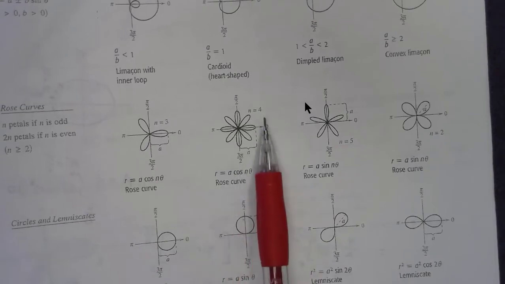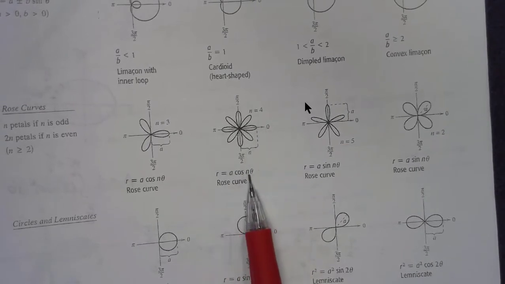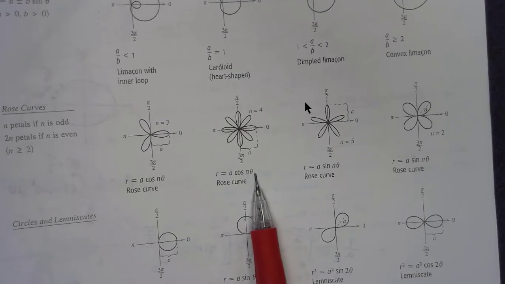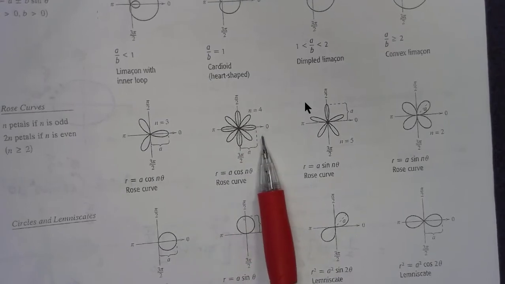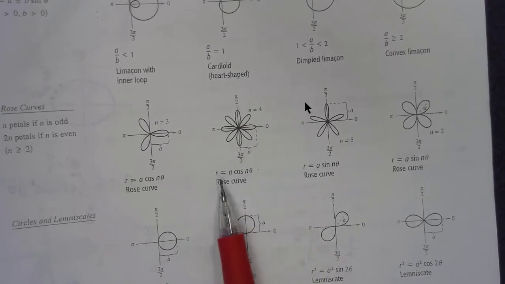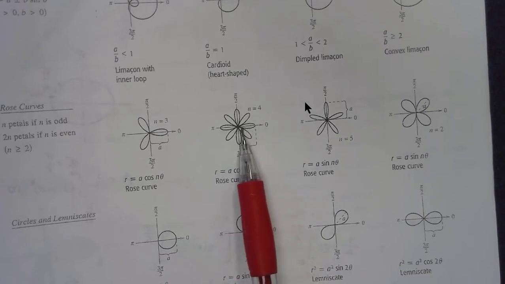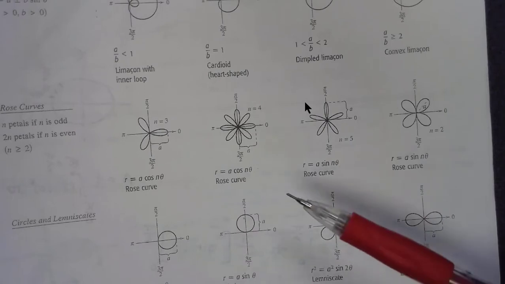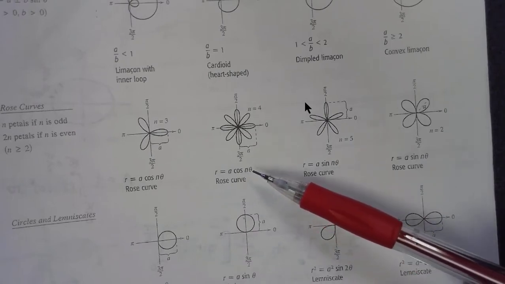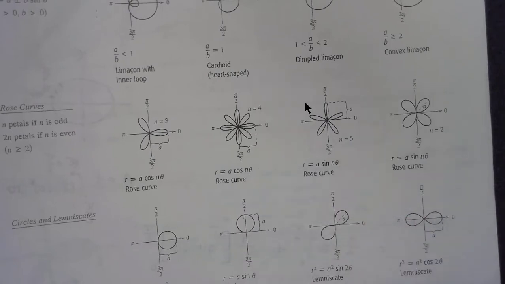Here, n is 4, so 4 theta is going to give me 8 petals. Notice that a cosine 4 theta in this problem is going to reflect across the x-axis, but what would happen if it was a sine 4 theta? I would suggest you graph that and see what you find out.